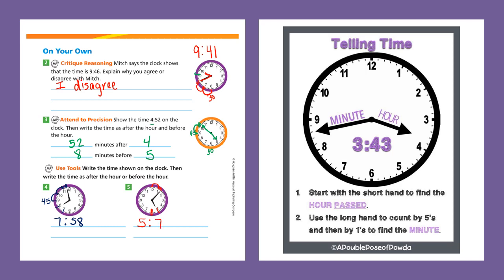This is a common misconception, boys and girls. 5, 7. We need another digit in there to show that it is just 7 minutes. So we need a number in the tens place. So if there's no tens, we're going to use a 0. So the time is 5:07. And for this one, I would say it is 7 minutes after 5.